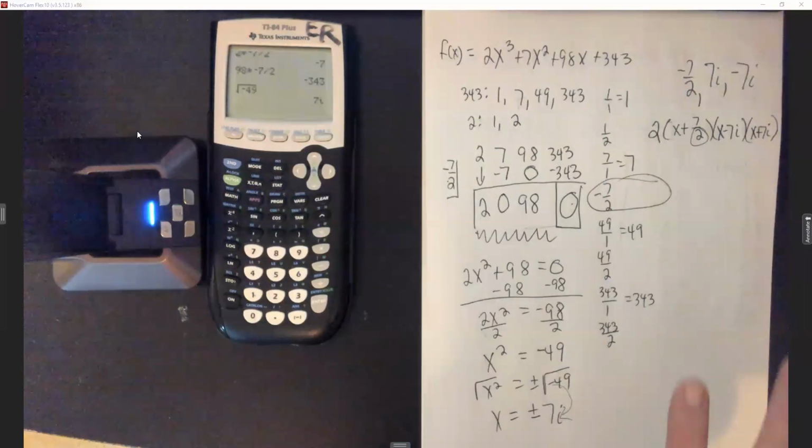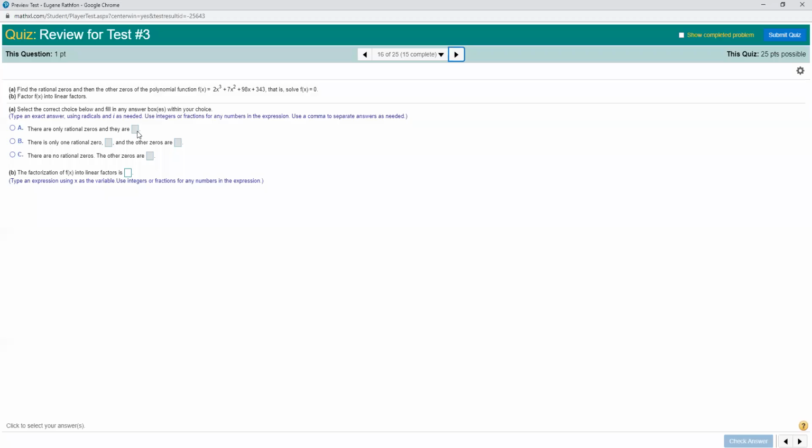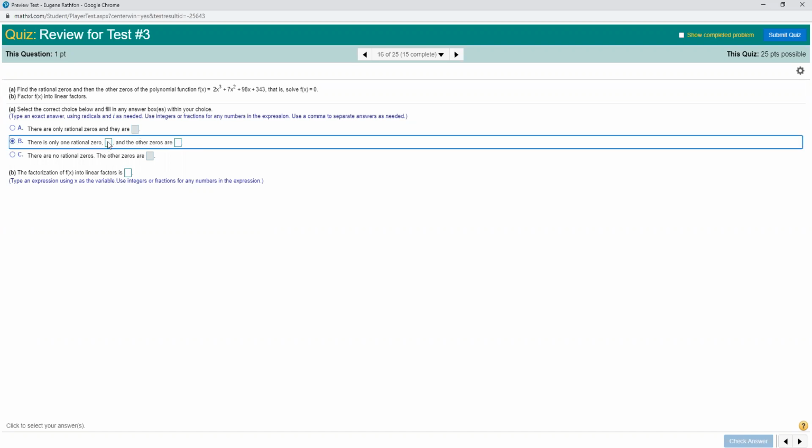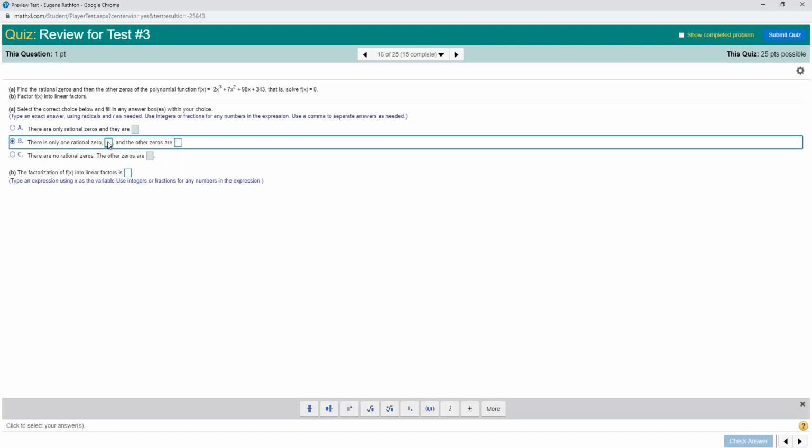So now watch this. I got rational zeros, which are the fractions, but I also got imaginary zeros. So I need the one that says there's only one rational zero, and that was negative 7/2. So I would do negative 7 divided by 2.